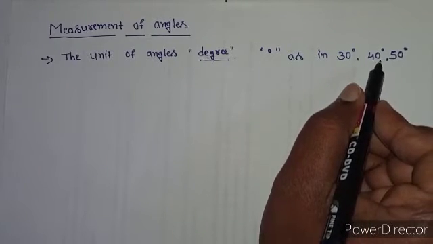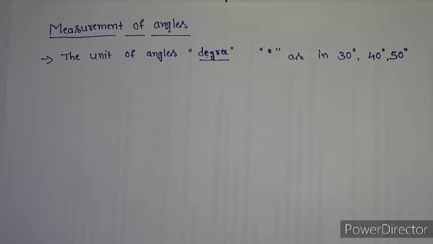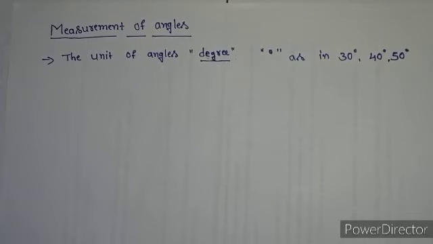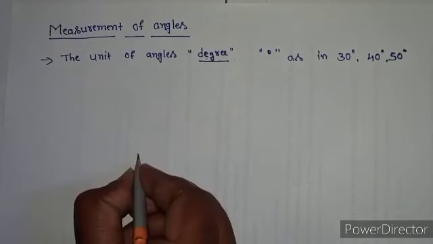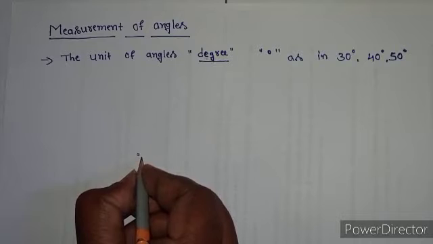To measure an angle, we need to follow some steps. Before measuring an angle, first we need to draw the angle. All of you see here, this is a point. A point is a fixed location; it cannot be moved.